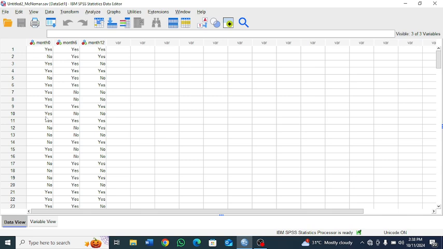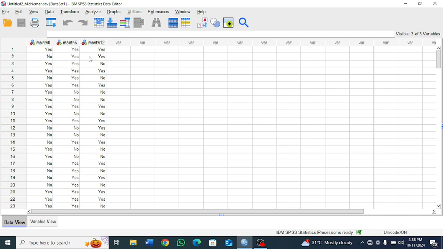The cohort is taken through therapy to see whether they will quit smoking. Then midway at month 6, the questionnaire was administered again to take their responses. And at the end of the intervention, which is 1 year, another survey was taken to take their responses.